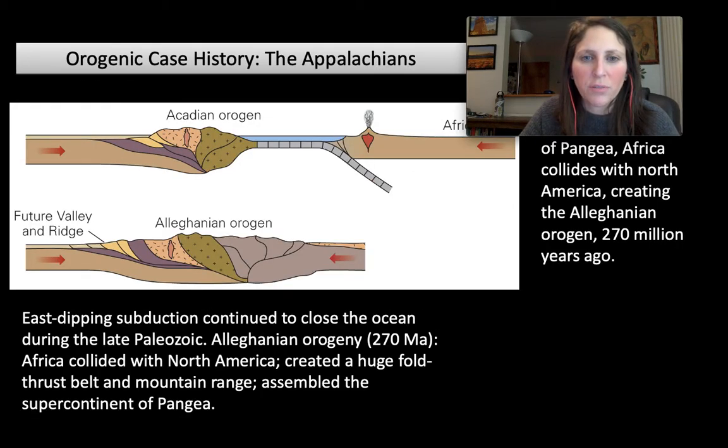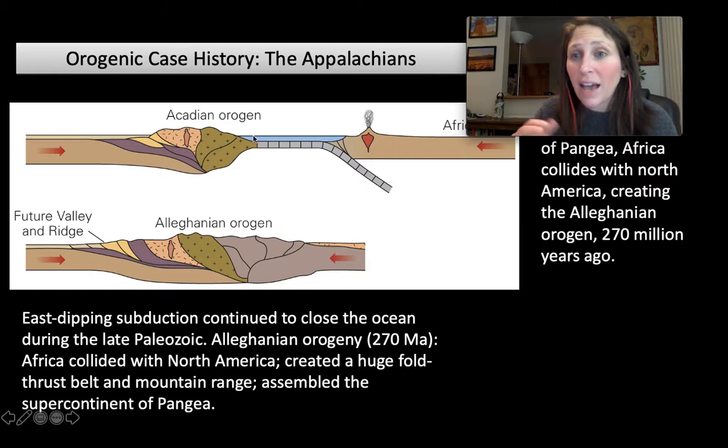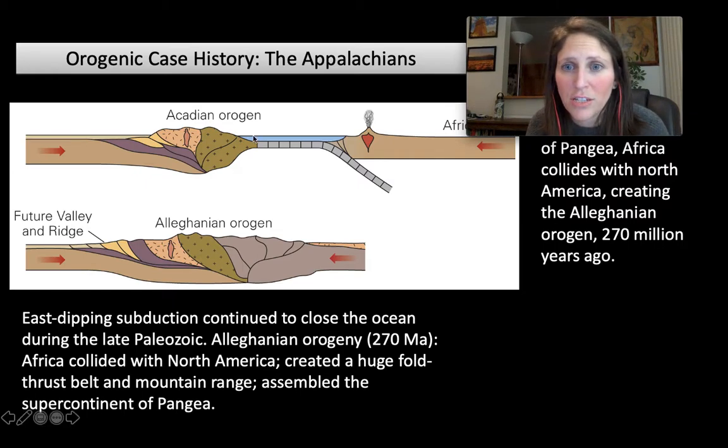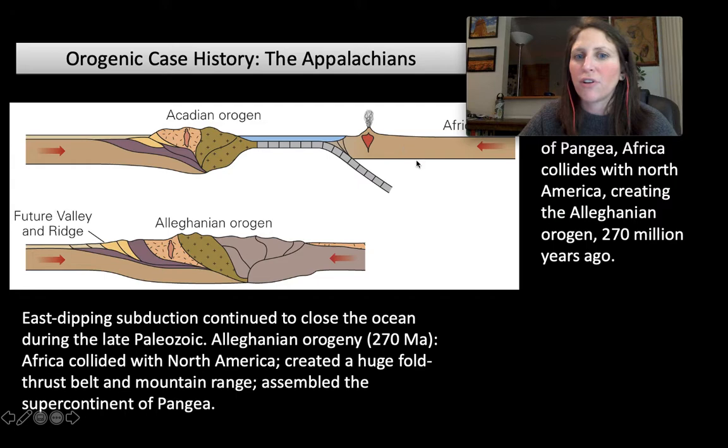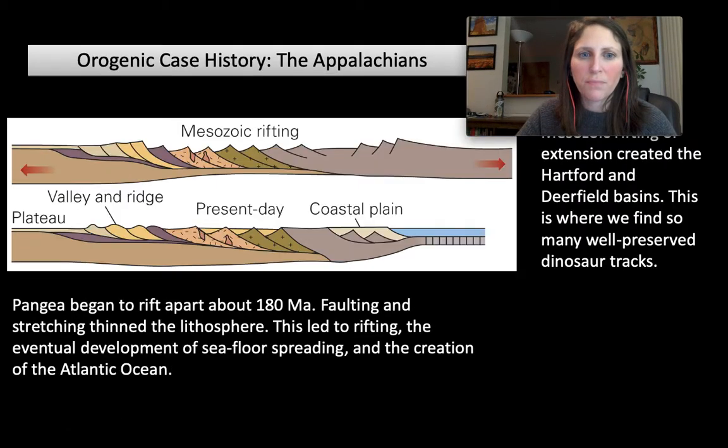Okay, and so here's a couple more collisions. The last collision event that the Appalachians experience is the collision with Africa, when we have the formation of Pangaea, our last great supercontinent on the globe, right? So Africa came, smashed into North America, and created the Alleghanian orogeny, and that was our last big mountain building event in the Appalachians.